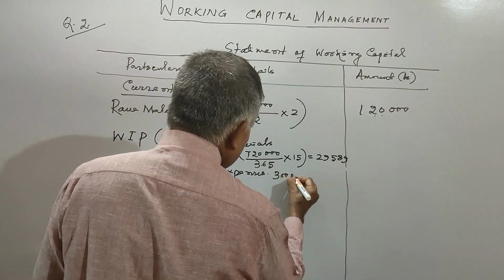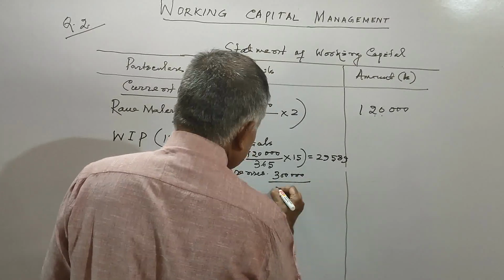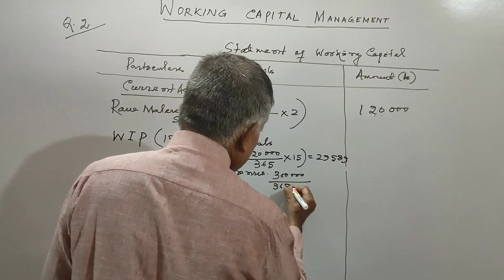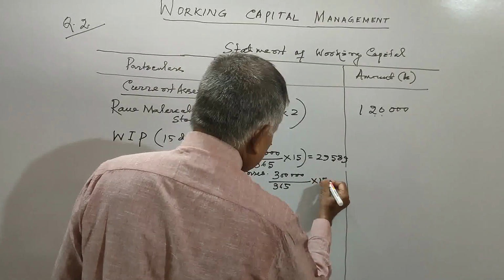Expenses is 3 lakh, and this 3 lakh is for 365 days, and we will multiply by 15.